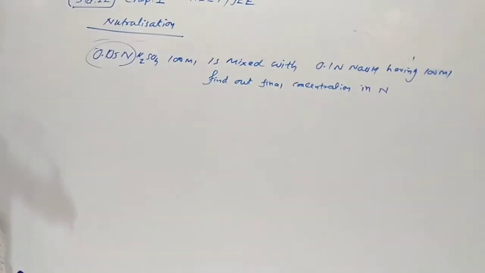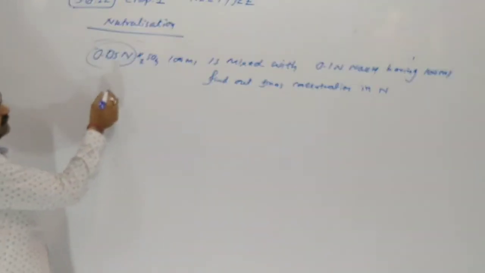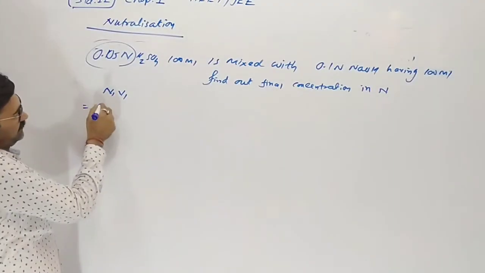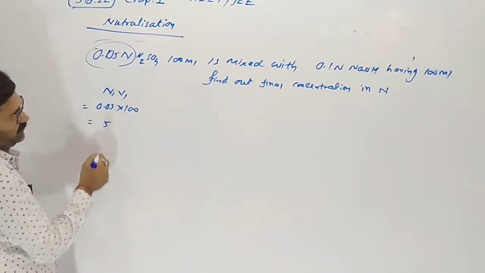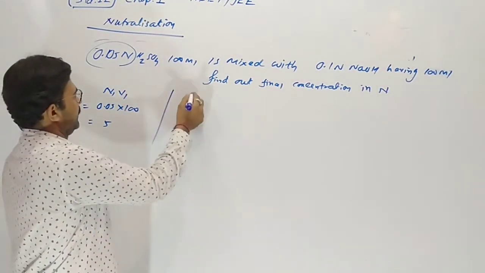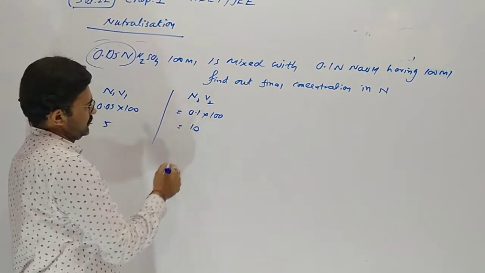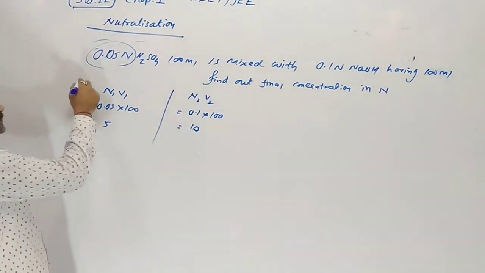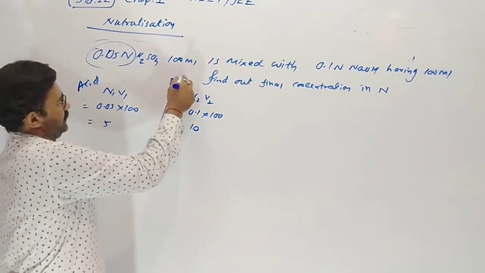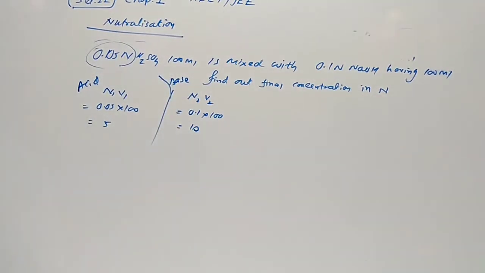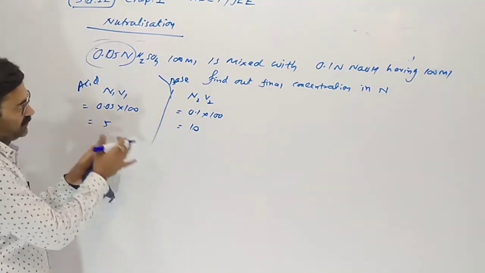Here normality is already given. So N1V1 directly is 0.05 into 100, so 5. And now for base, N2V2 is 0.1 into 100, so 10. This one is for acid, this one is for base. Which value is higher here? 10 is more, so base is more than acid.